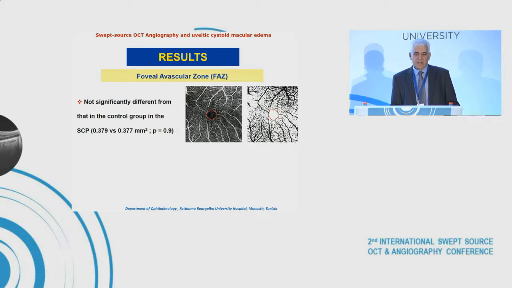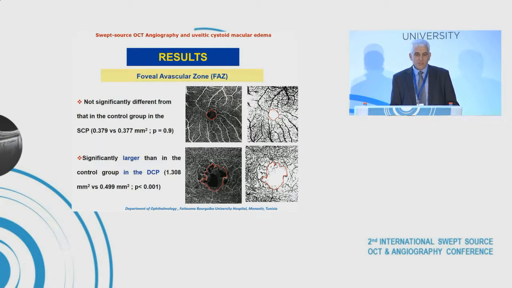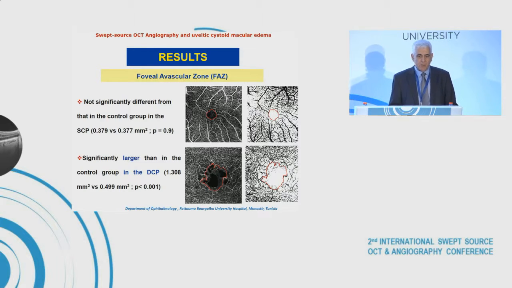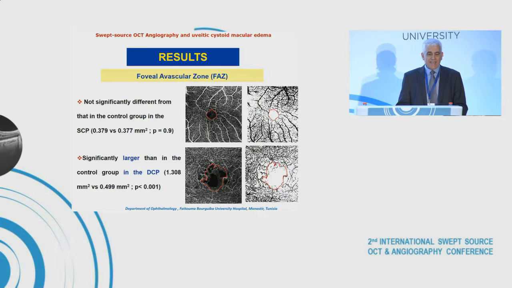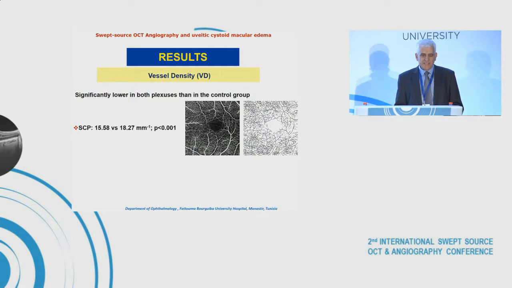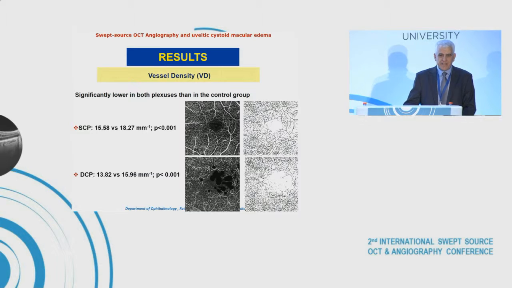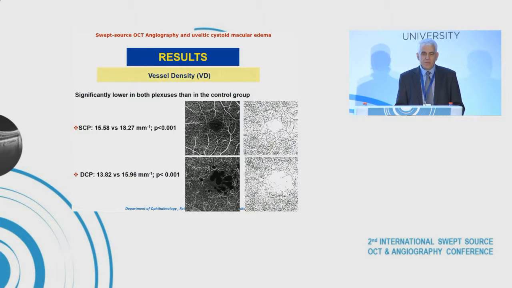The foveal avascular zone was not significantly different from that in the control group in the superficial capillary plexus. However, it was significantly larger than in the control group in the deep capillary plexus. The vessel density was found to be significantly lower in both plexuses than in the control group.